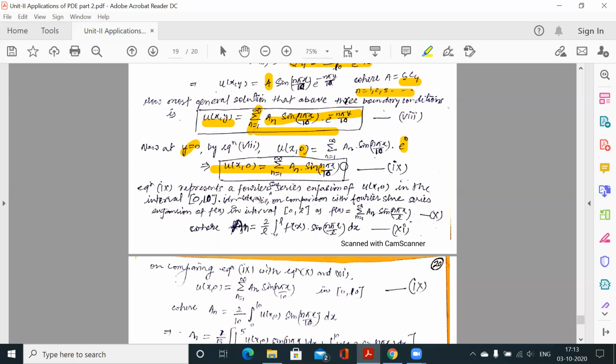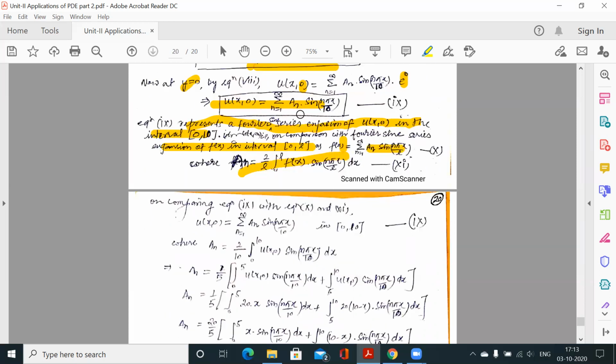Now if you compare this, this represents a Fourier sine series expansion of u(x, 0) in the interval 0 to 10. Clear? So if we compare this, it is the expansion of f(x) in the interval 0 to L, f(x) is equal to something where a_n is given by this.